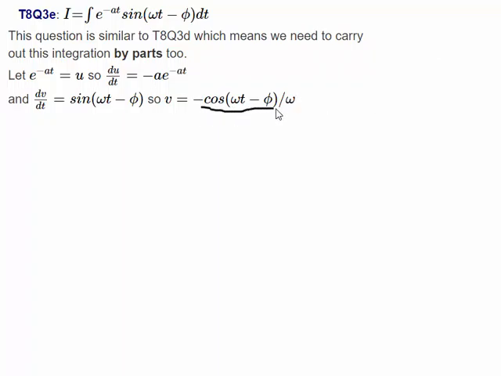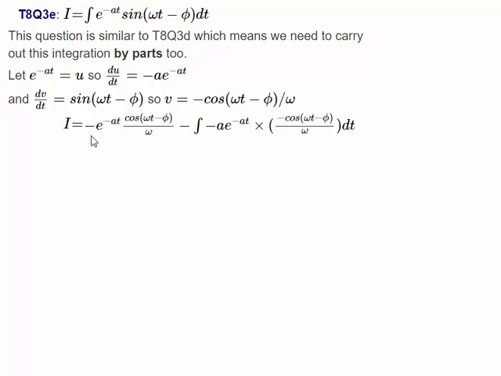If we differentiate cos omega t minus phi, we'd get minus omega sine omega t minus phi, which means that if we differentiate minus cos omega t minus phi over omega, that's correct, so we can continue. So that means I is equal to u v minus the integral of v du.